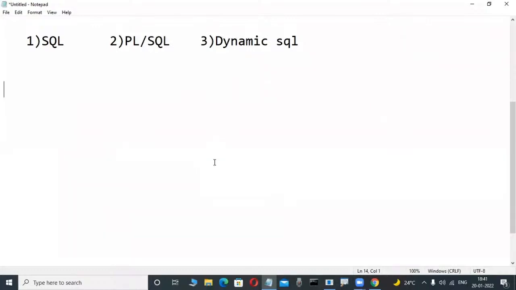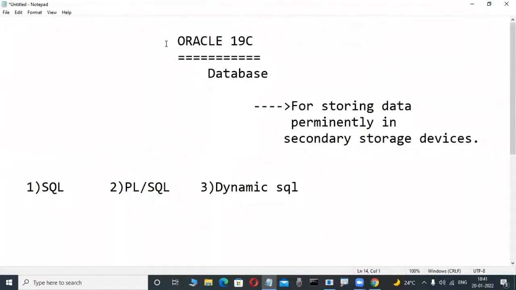SQL is conceptually the same in every database: what is a table, a procedure, a view, joins, subqueries, referential constraints, the same. But syntactically totally different, and functions are also totally different. That's why in our class we are learning the Oracle SQL language.